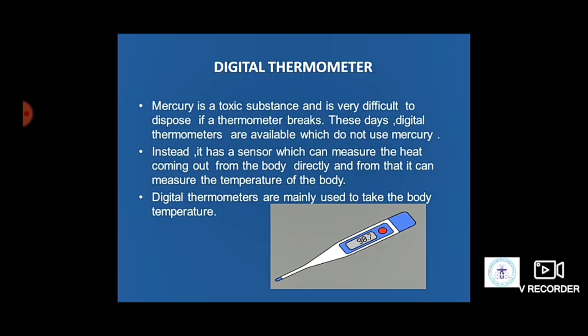These days, digital thermometers are available which do not use mercury. Instead, they have a sensor which can measure the heat coming from the body directly, and from that it can measure the temperature of the body. So, digital thermometers are mainly used to take body temperature.